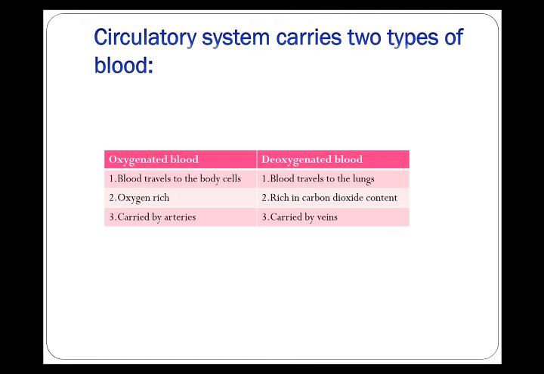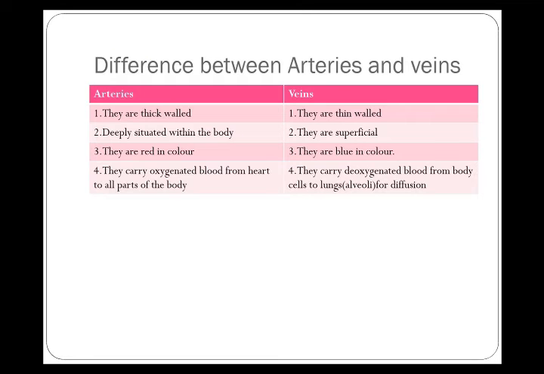Now let's move to the difference between arteries and veins. As we have discussed that arteries carry oxygenated blood, so they are thick walled. Why they are thick walled, that we will discuss when we will discuss about the working of the heart. Arteries are deeply situated within the body, means they are not superficial, we cannot see them.